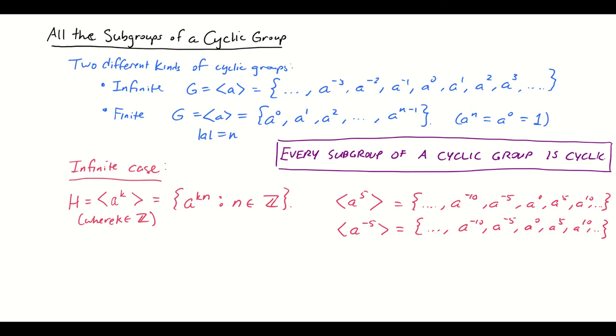But aside from that little exception, the fact that we have to look out for opposites of the same exponent, other than that, all of these subgroups are going to be different. So an infinite cyclic group has infinitely many different subgroups. And there are infinitely many because we could take any positive exponent here and get a completely different subgroup.